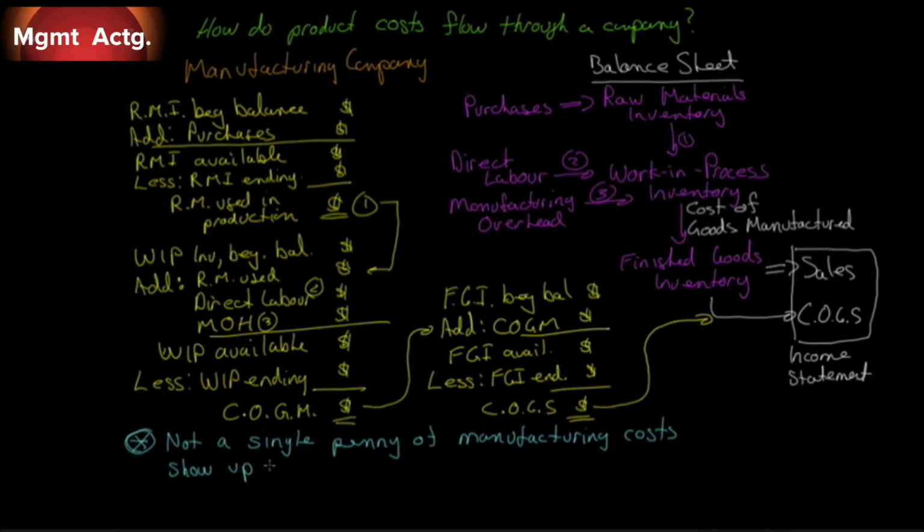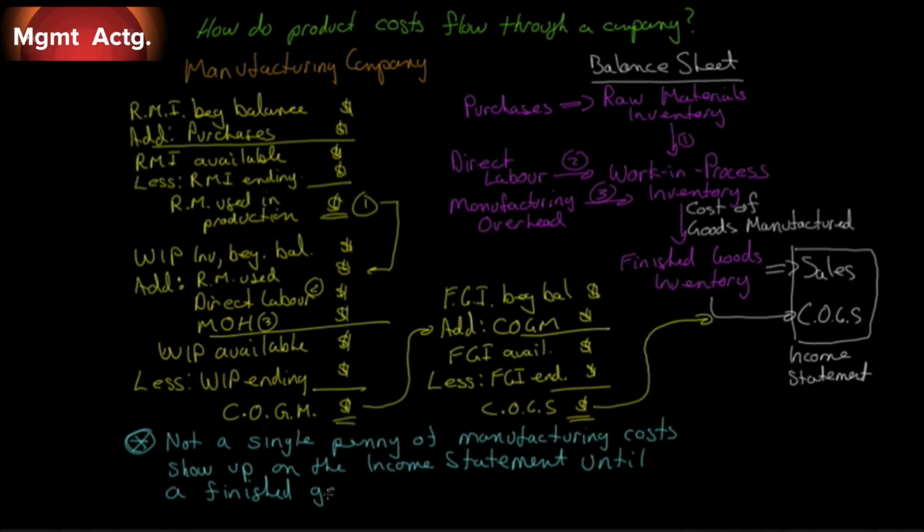Let's write that out. Shows up on the income statement. You should be making your notes here. You should be writing this down as well. This is how we learn. Shows up on the income statement until, can you guess how I finish this? Not a single penny of manufacturing costs show up on the income statement until a finished good is sold.